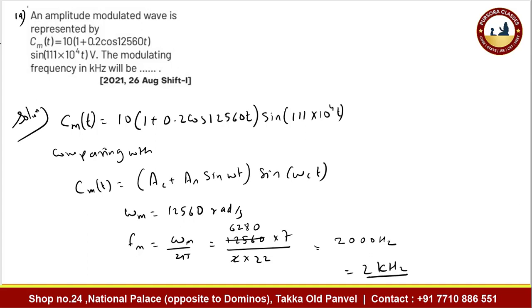So the correct option will be 2 kilohertz. The approximate answer is 2000 hertz, students. That's your correct option. But if you go on solving, the actual answer will be 2170 hertz or 2.17 kilohertz. I hope you have understood, students.